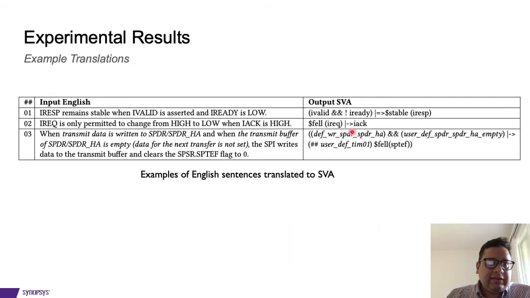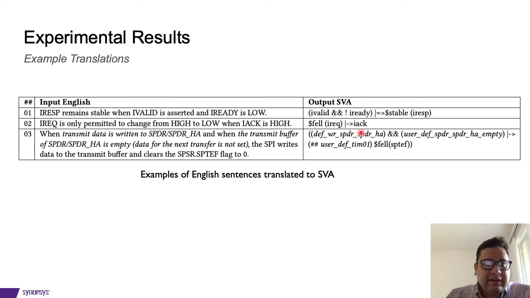Here are some of the example translations that we have got from our experimental results. If you see the first couple of them, they are quite straightforward. But the third one, if you see, we have replaced some of the user-defined functions for certain phrases in the English sentence.